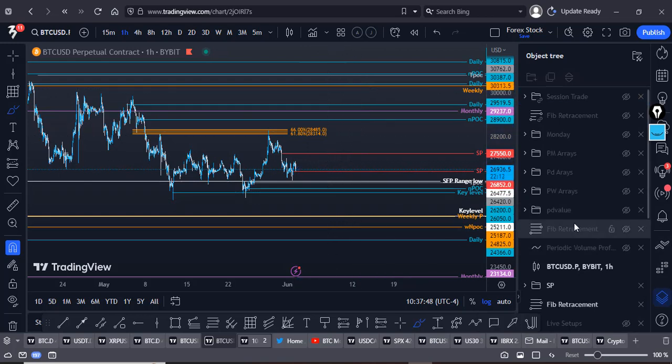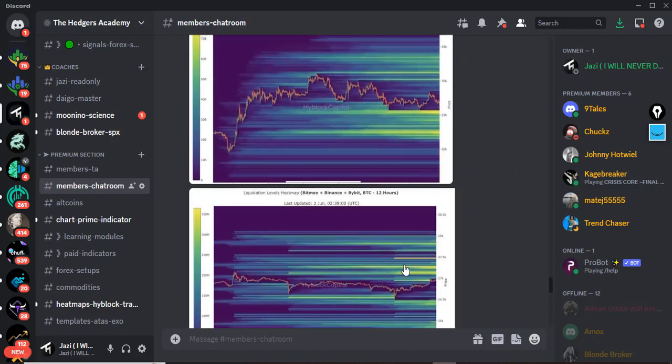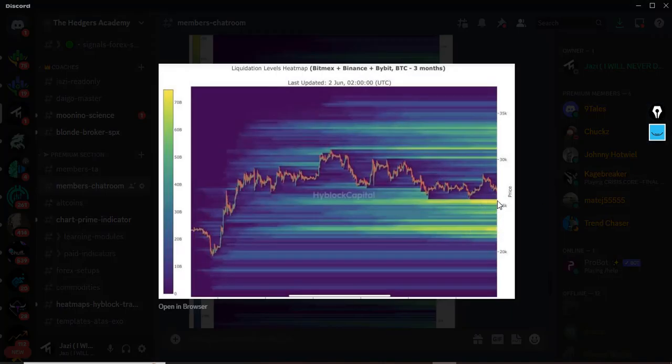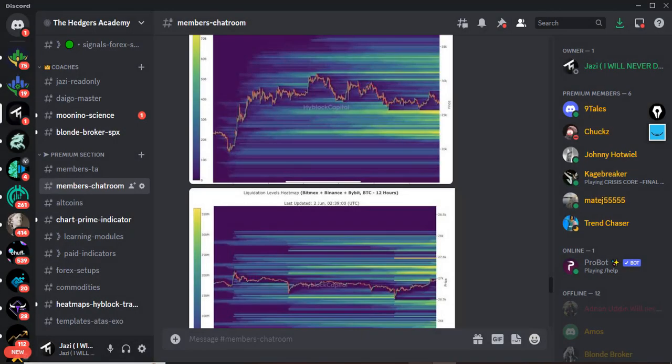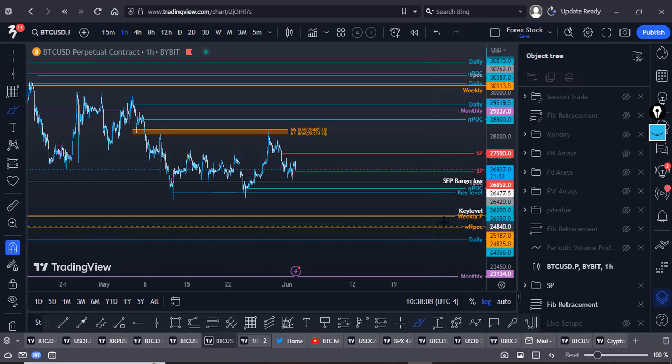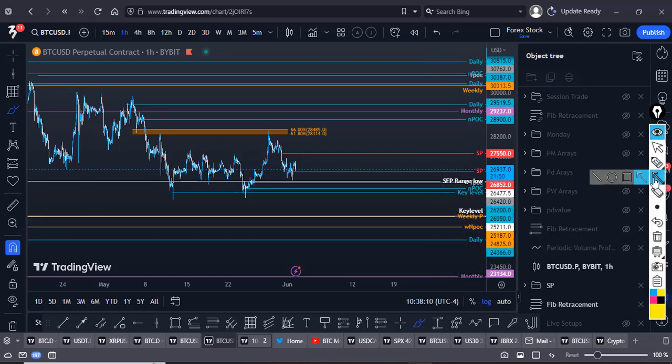So this is the high liquidity area, 25,200 and 24,800. You can see in the heat map as well, in the 3-month heat map, there's a lot of liquidity in this area that can act as a good support and refueling for the bulls. You can mark these levels in your charts. This is really a key zone for bulls that needs to be protected.